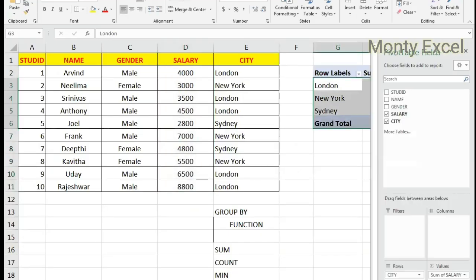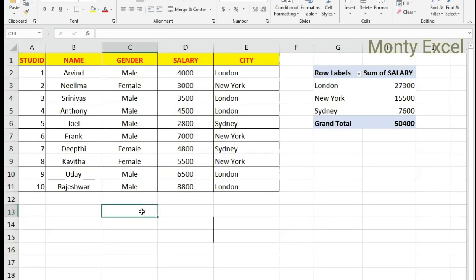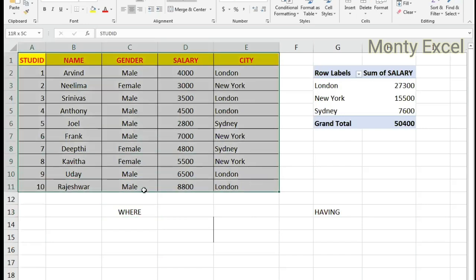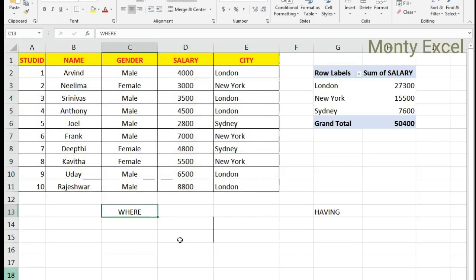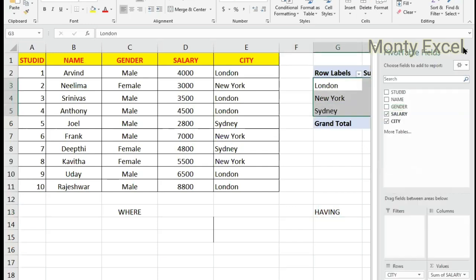To understand more, if I use where condition on gender, I want to select female, so where gender equal to female, on the raw data it is using the where condition. Having is also similar to where, both are filtering, but having can filter only on the summarized data. As simple as that.